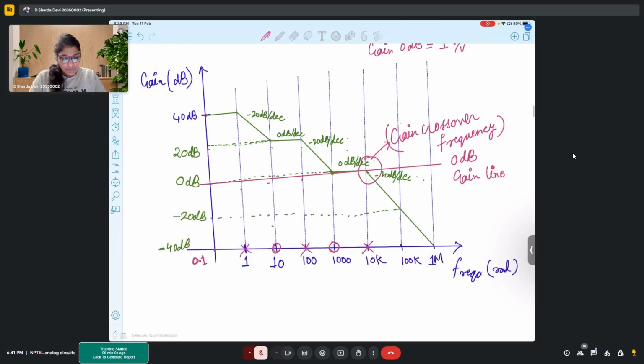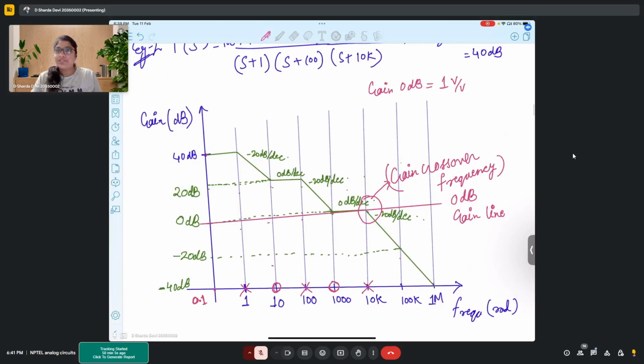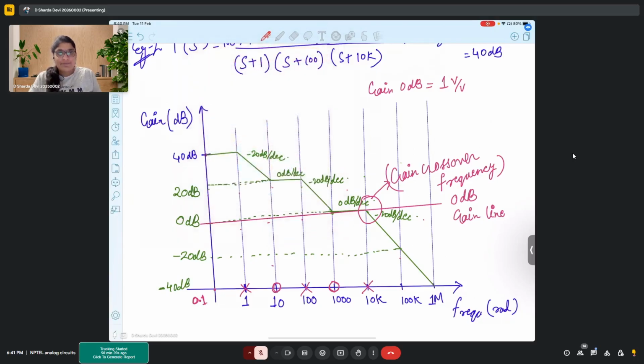Okay. So here you can see how the curve changes. And the basic difference that you observe from an actual frequency response to that of a Bode plot is at the poles and zeros, the exact values. What actually happens is, when you encounter a pole, your gain actually reduces by 3 dBs.